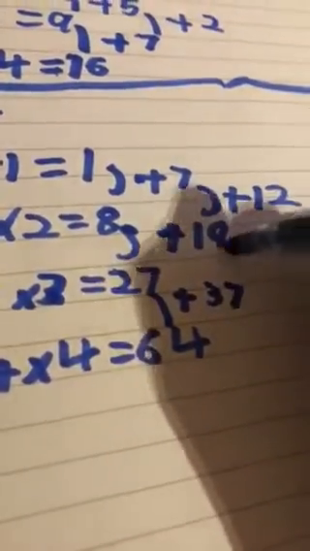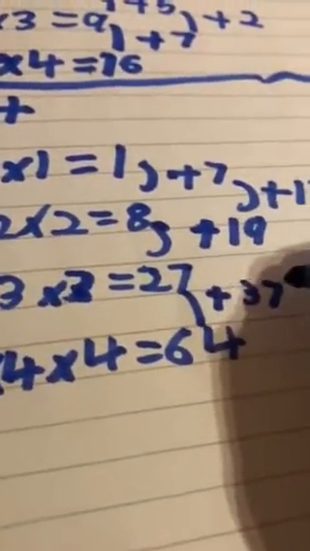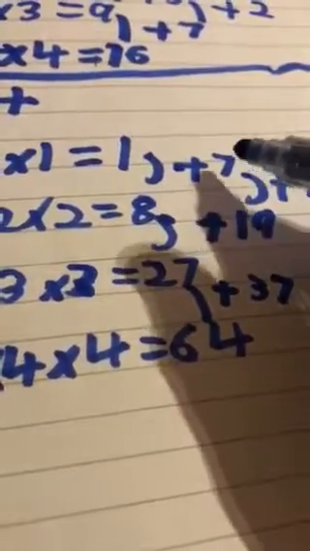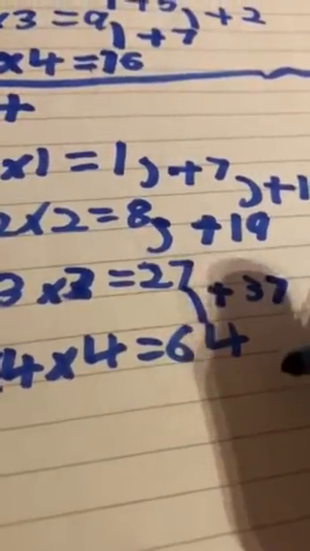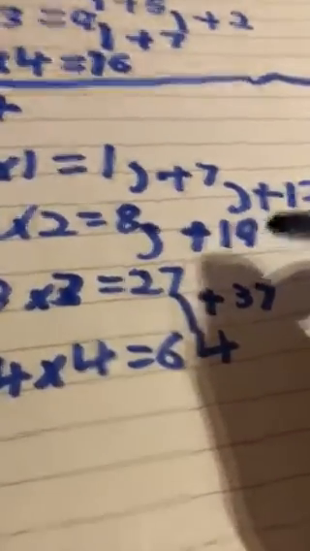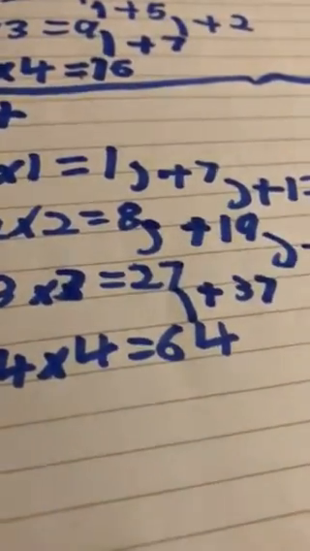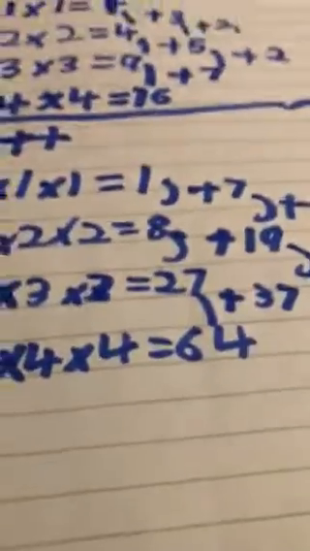So I added 12, and then I added 12, and then I added 18, I think. And now I think it's going to go up by 24 next. Let's see if I'm right.